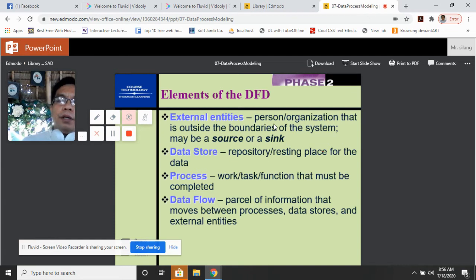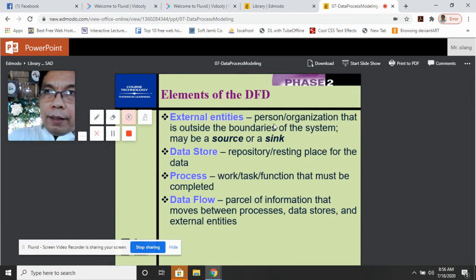Data store is actually the repository or resting place for the data. So it is where we store data. It can be electronic, or it can also be, for example, just a piece of paper, index card, etc. As long as we store data, we write data, it is called a data store. But of course, for computerized information systems, usually a data store is actually a database.